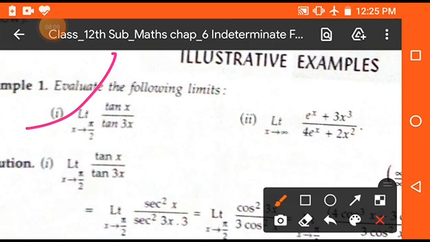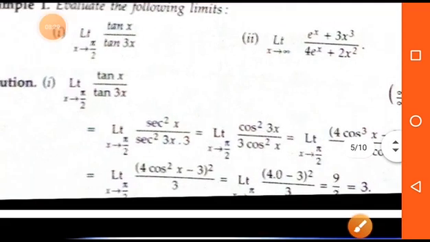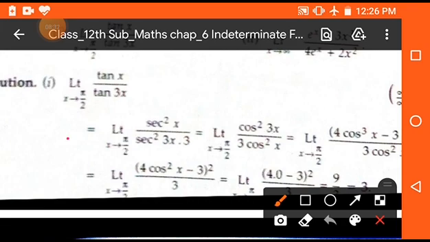Limit x tends to pi by 2 of tan x upon tan 3x. Here if you put x equal to pi by 2, then you will get infinite by infinite, because tan 90 is infinite and 3 into tan 90 is also infinite. So infinite by infinite form. Simply differentiate it. So we get limit x tends to pi by 2 of sec square x upon sec square 3x into 3.